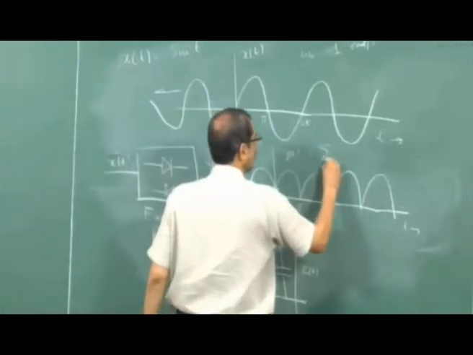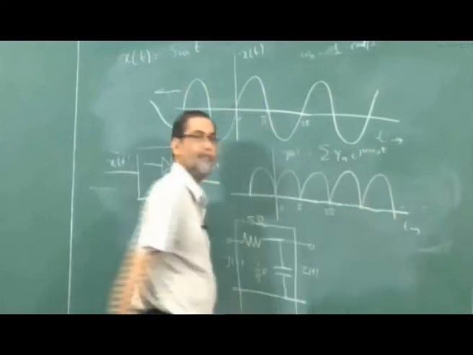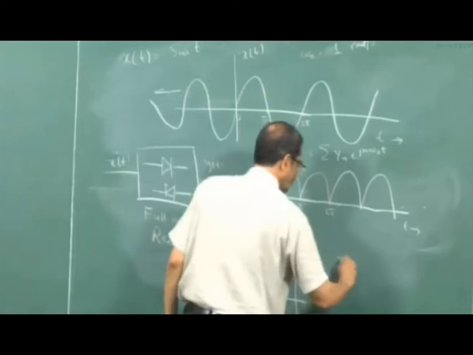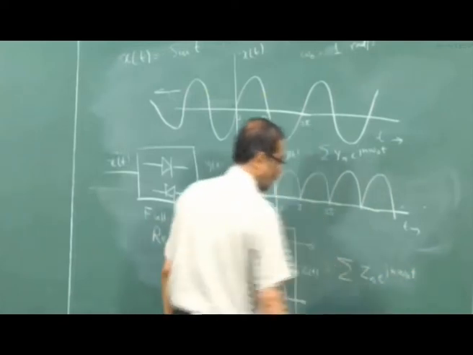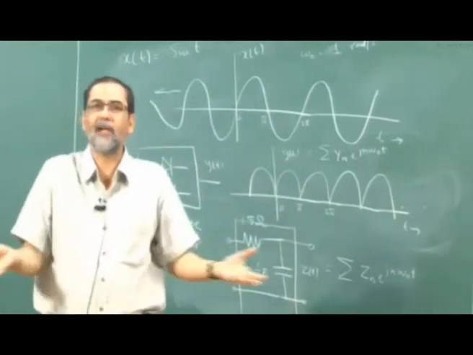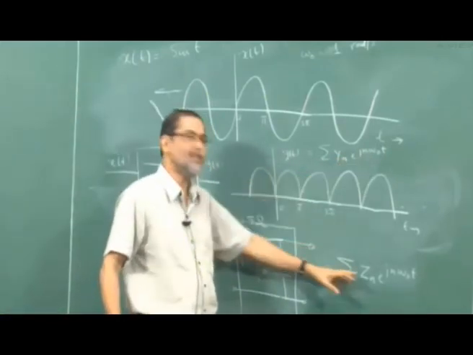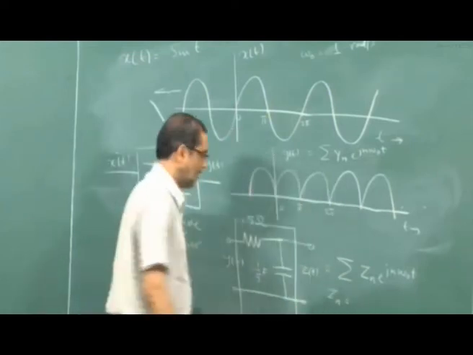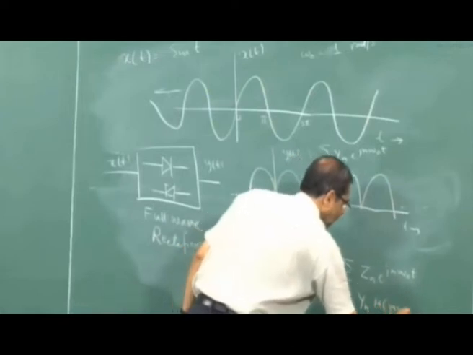So this is a linear time invariant system, and if you substitute a periodic signal which can be written as Yn e to the power of j n omega naught t, omega naught being 2 here, output z of t is of the form Zn e to the power of j n omega naught t, omega naught is 2. That you can show with your eyes shut, because it is an LTI system and I am feeding complex exponentials. So output is in this form, and you also know that Zn is Yn times H of j n omega naught.